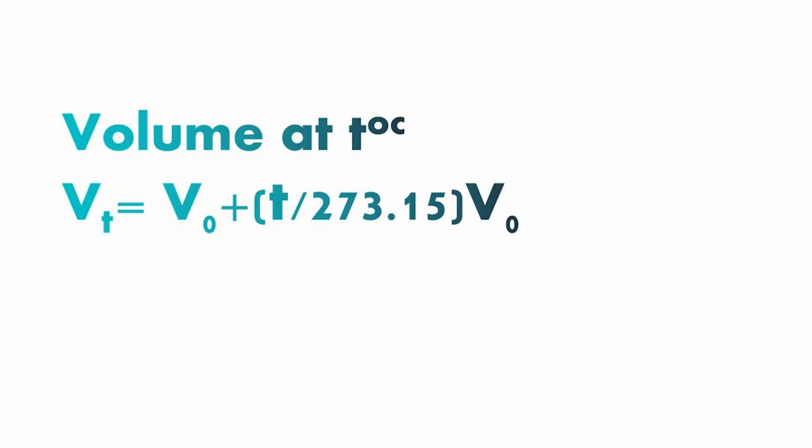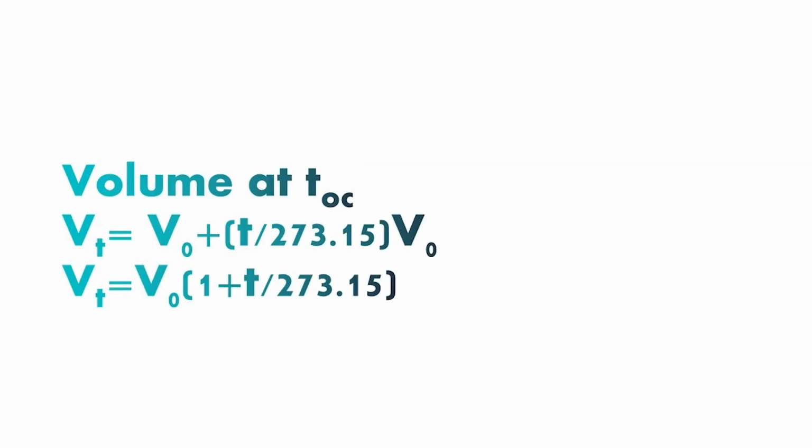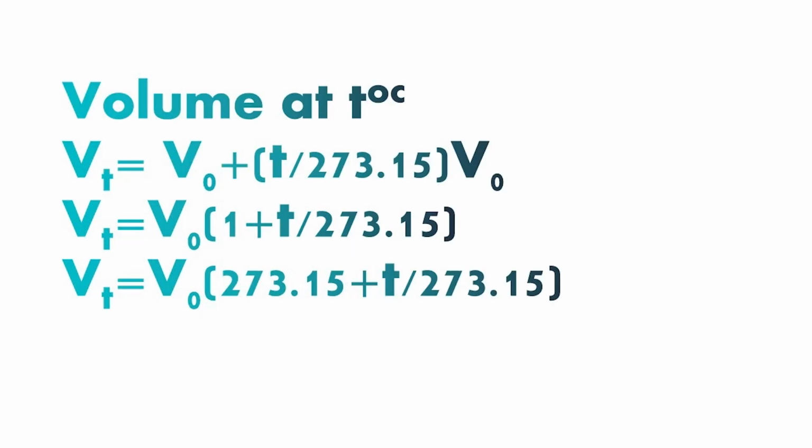Volume at t degree Celsius, Vt, is equal to V0 plus t by 273.15 into V0. Vt equal to V0 into 1 plus t by 273.15.